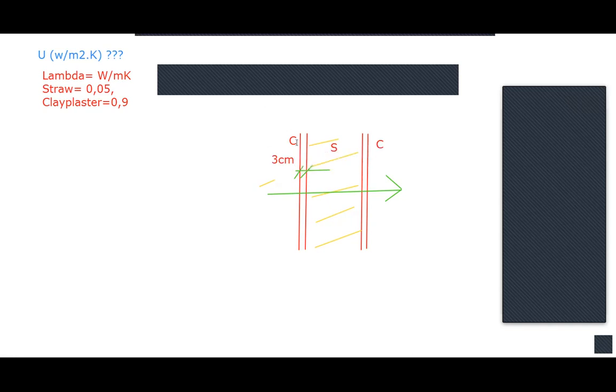And then we have straw bale, that's clear, that's 36. And again, clay plaster, 3 centimeters. So this is always d.